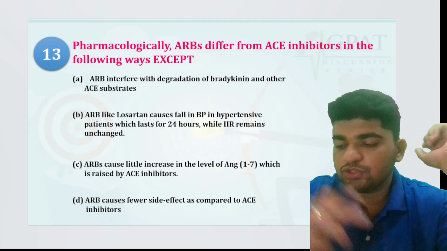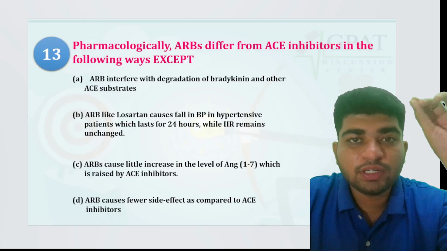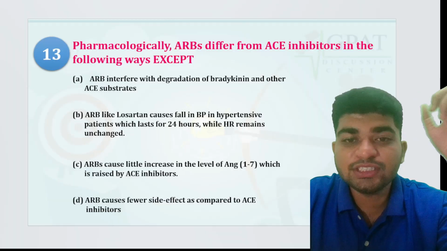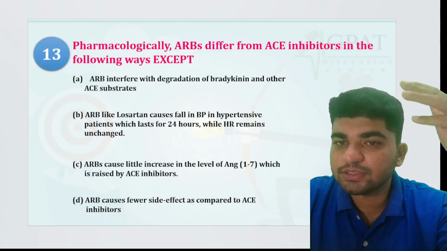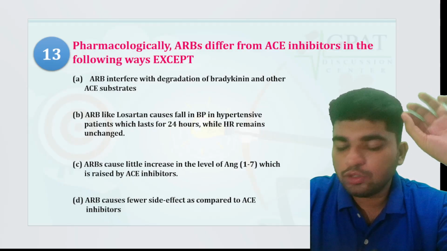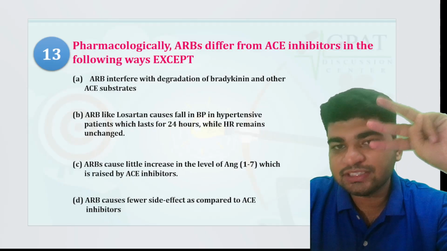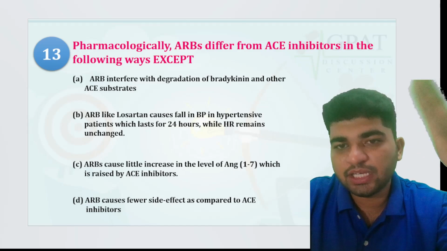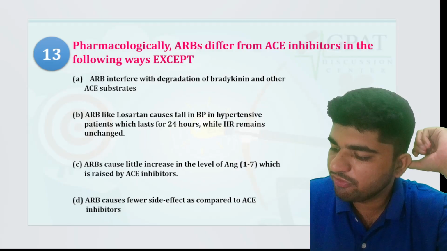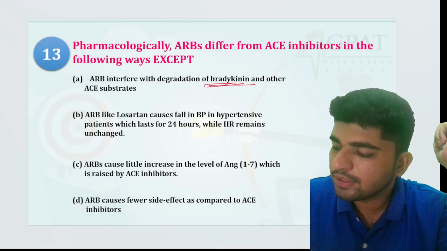So in this, you have to click the wrong difference, particularly which difference is not there. Out of four, there are three major differences between ARB and ACE inhibitors. First one, ARB interfere with degradation of bradykinin.